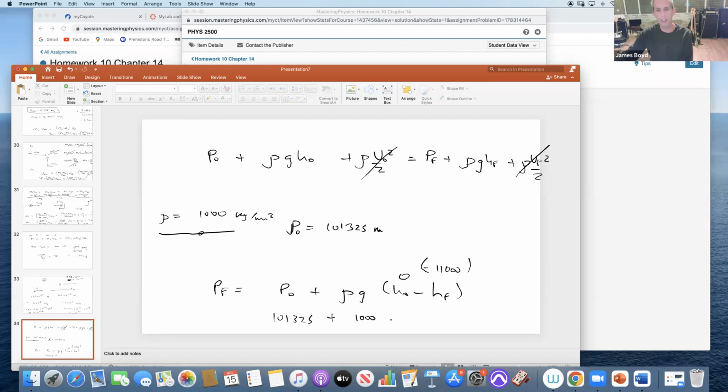Plus 1,000 for the density of water, 9.8, 11,000. So 101.325 plus 1,000 times 9.8 times 11,000 is 1.08 times 10 to the 8th pascals.